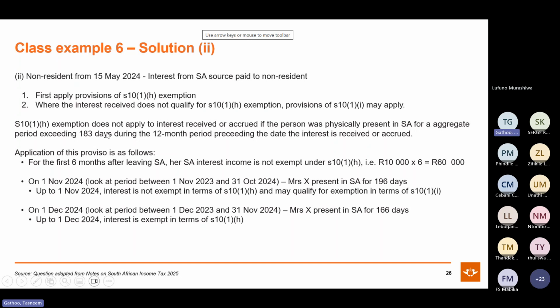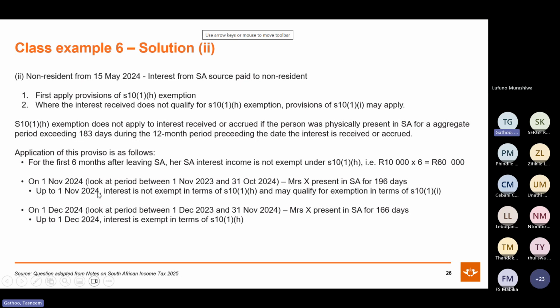June, July, August, September, October, and half of May gives us 5.5 months, right? That's where we start looking from the 1st of November. We're calculating where it is roughly 6 months.